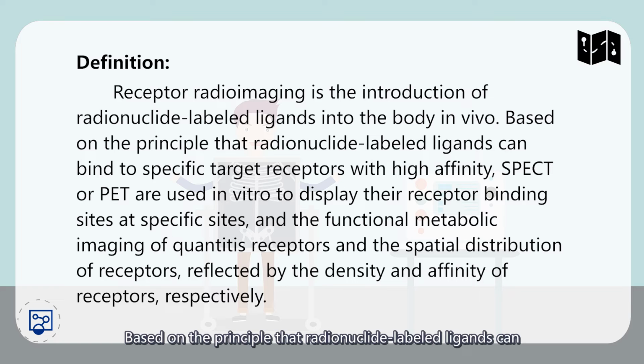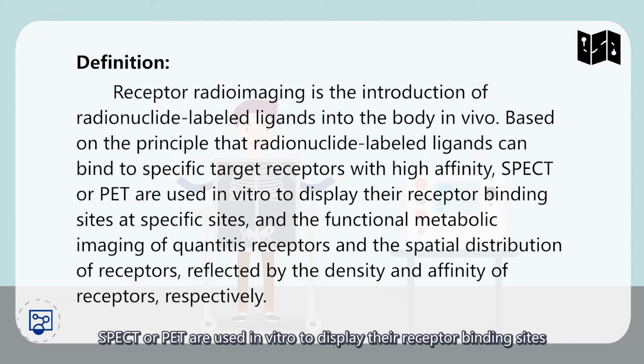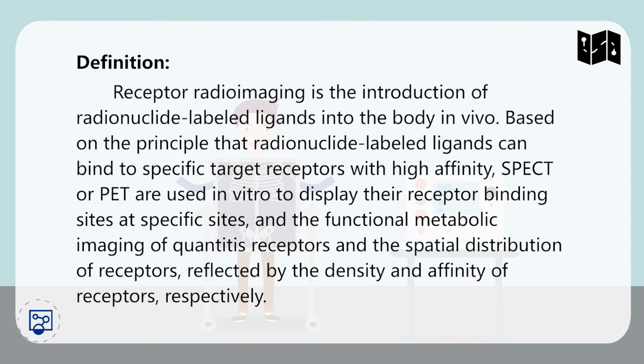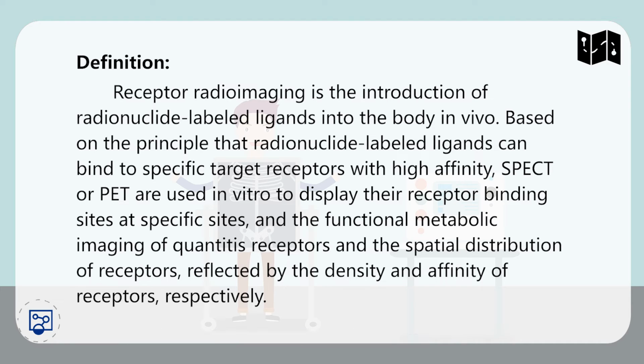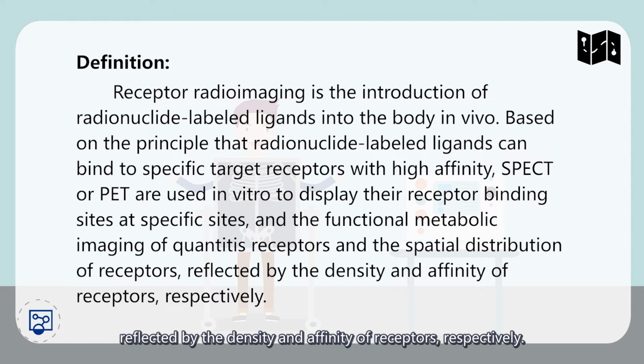Based on the principle that a radionuclide labeled ligand can bind to specific target receptors with high affinity, SPECT and PET are used in vitro to display receptor binding sites at specific sites, and the functional metabolic image of the quantitative receptors and their spatial distribution is reflected by the density and affinity of the receptor respectively.